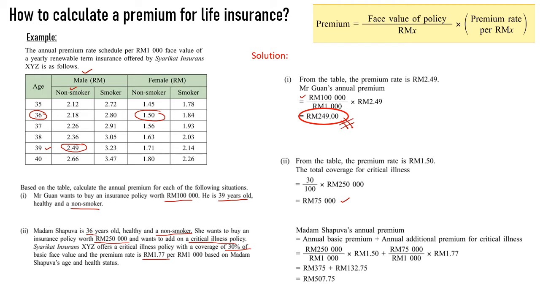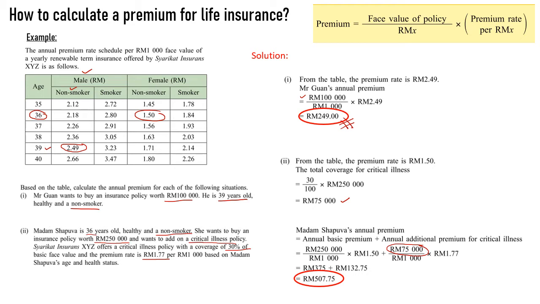So Madam Shapova's annual premium. The basic premium is 250,000 over 1,000 times 1 ringgit 50 cent. This is her basic premium, and then we need to add on the critical illness policy. For the critical illness policy, the total amount that she wants to buy is 75,000 over 1,000 multiply 1 ringgit 77 cent.